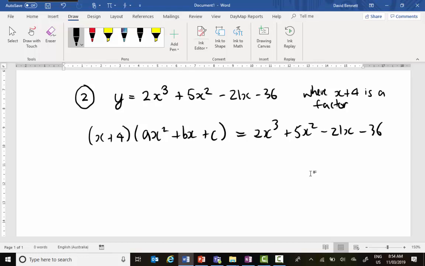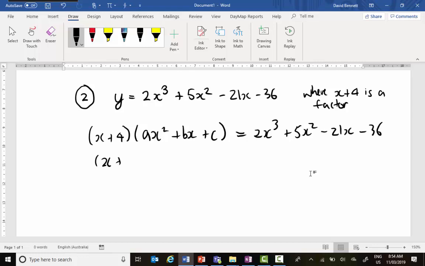So I'm thinking about my a value. What will I need to times x by to get 2x cubed? Well, a must be equal to 2x.